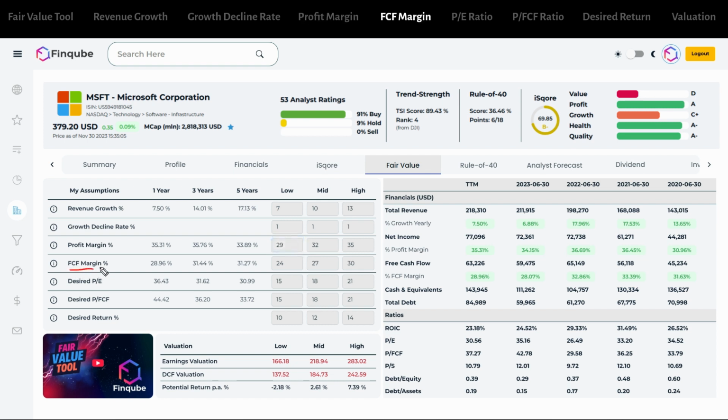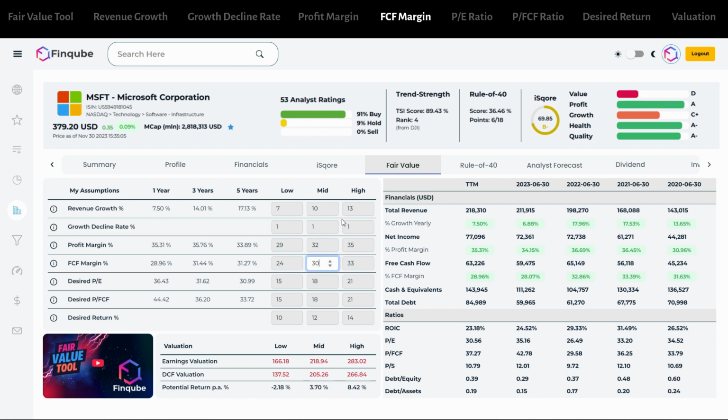Similar to the free cash flow margin, we also see here high free cash flow margins. But what we can also see is that those margins are always below the net income margins. That's why we do exactly the same as we did for the profit margins. We assign high margins, but a bit below the profit margins, with a decrease of 3.